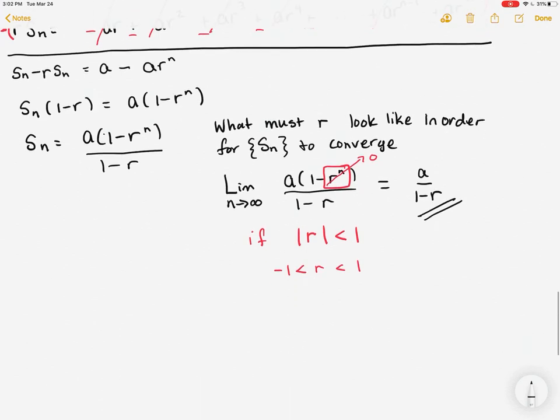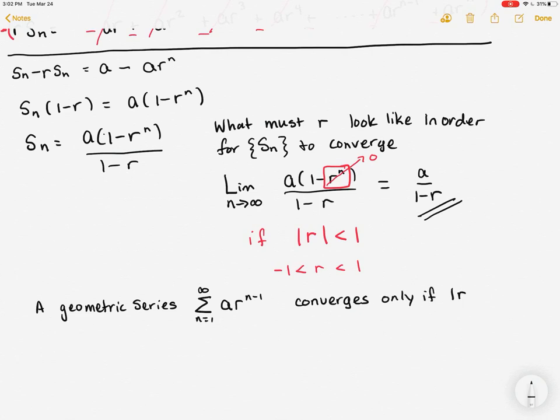So our conclusion is this: a geometric series that looks like this, a r to the n minus 1, converges only if that multiplier r in absolute value is smaller than 1.